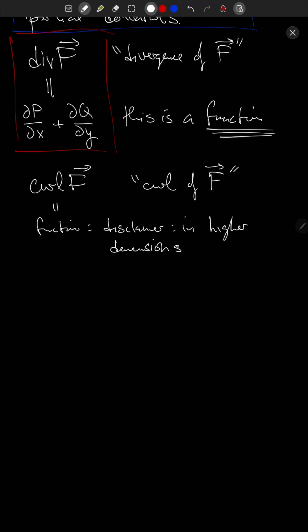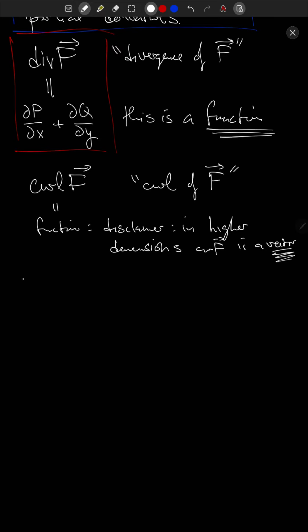Actually, the point of 17.5 is to extend the idea of divergence and curl to higher dimensions. In higher dimensions, curl of F is a vector. But in 2 dimensions, you can kind of cheat a little bit because the vector that it's supposed to be is always in the k direction.